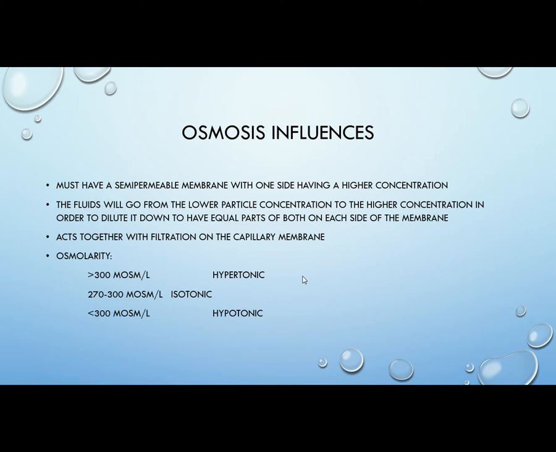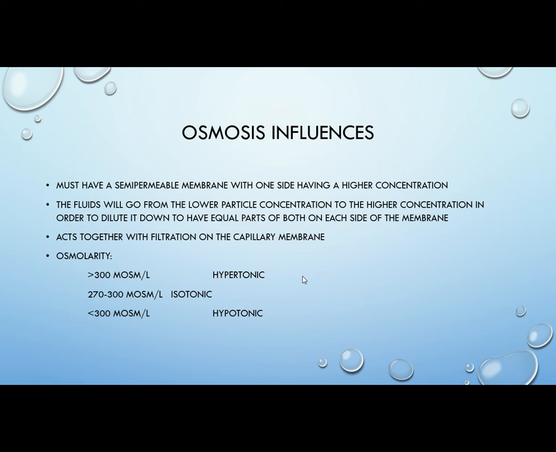Okay, so they act together with filtration on the capillary membrane. So your osmolarity in normal blood is 270 to 300 milliosmoles per liter, and that is the same as your isotonic solutions, which are normal saline and lactated ringers. And then if you have a hypertonic solution, the milliosmoles are going to be greater than 300.